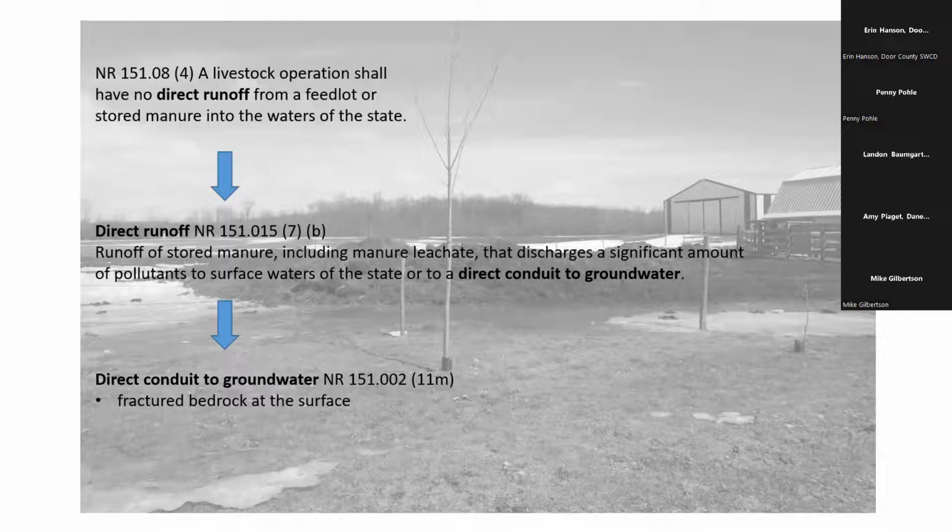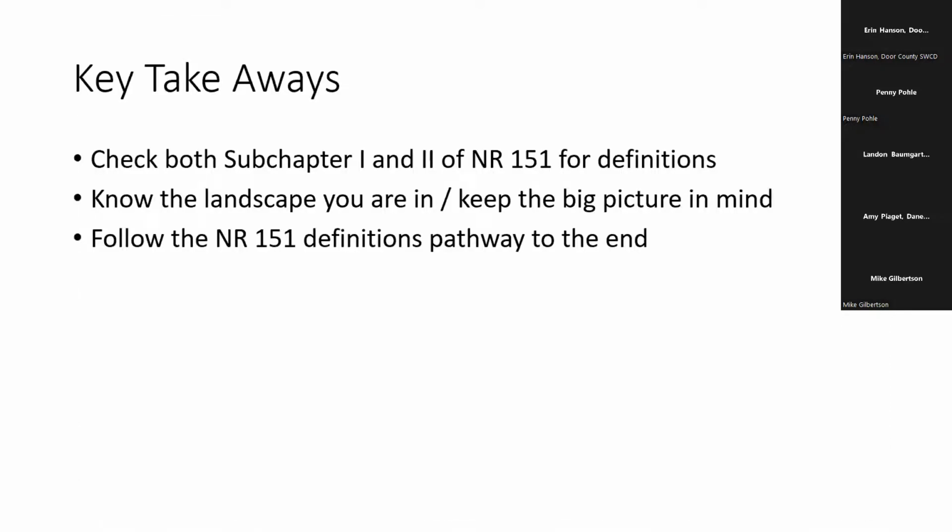Most of us are problem solvers and we immediately want to jump straight to the solution. What's the better place to stack the manure? Is storage needed? But here I'm just illustrating how to approach a compliance determination, working standard by standard through each of those definitions that are given to us in NR 151.